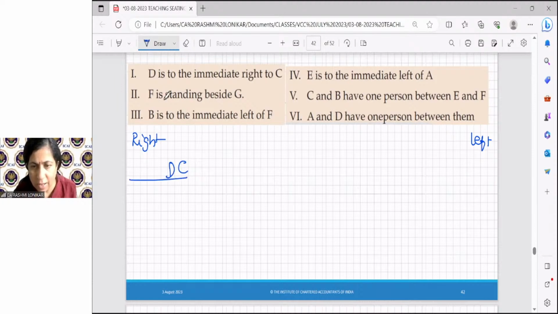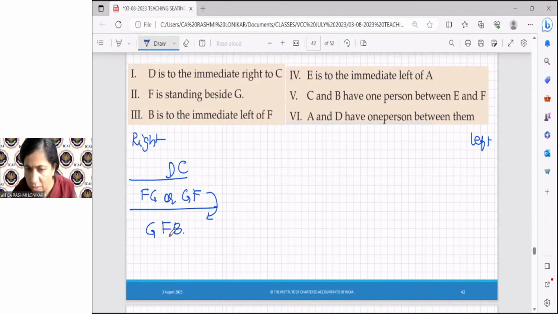Second thing: F is standing beside G. So I have F, G or G, F. Third, B is to the immediate left of F. So I have F and I have B. Using the second point, I will have G, F, B, because B is to the immediate left of F. So third point also clear.